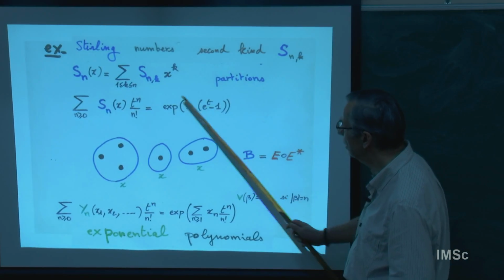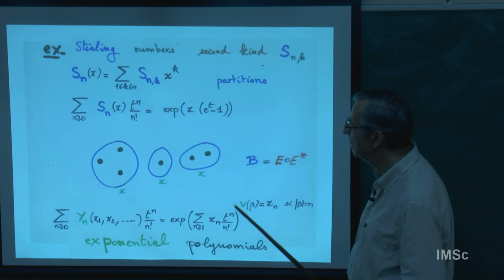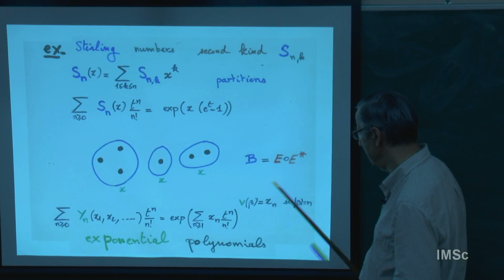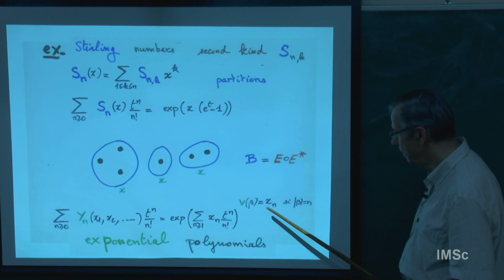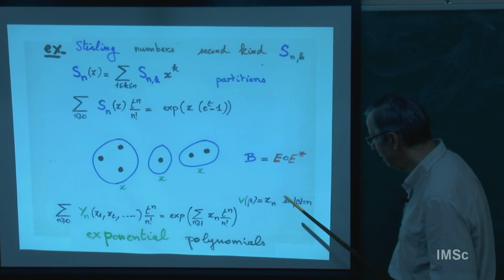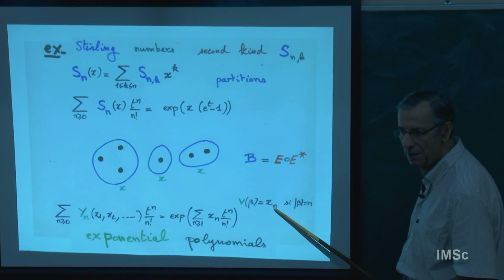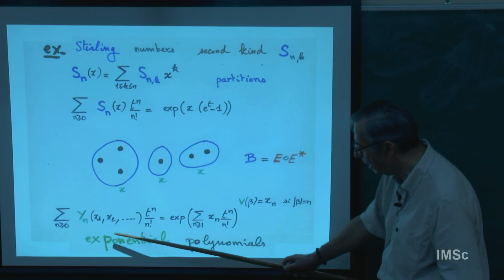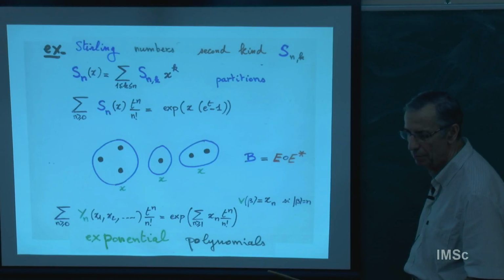And here is a generating function for the polynomial defining Stirling number, and you even have some refinement of this. Instead of putting a weight x on each block, if you put a weight x_n when the block is of length n, what you get is a refinement which is called the exponential polynomial.